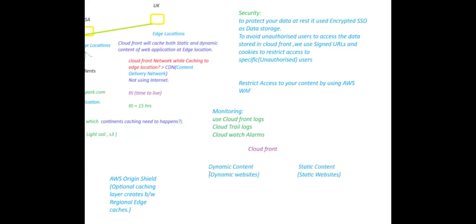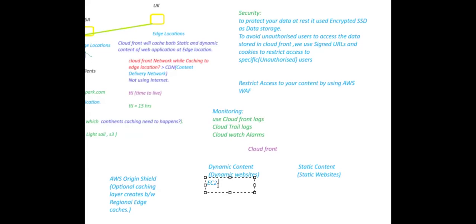Now, what is the way that we use to host these dynamic websites? We use servers, right? So in order to host this dynamic website, we use generally servers. What is the service that we use as servers in AWS?